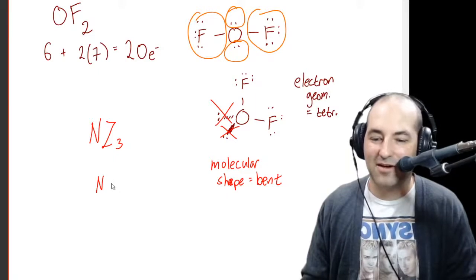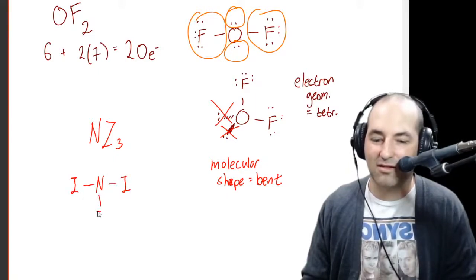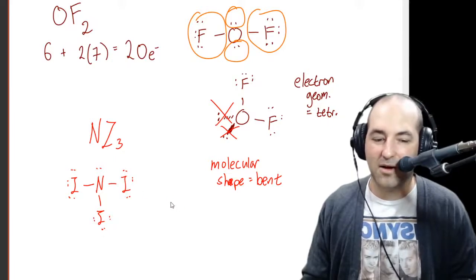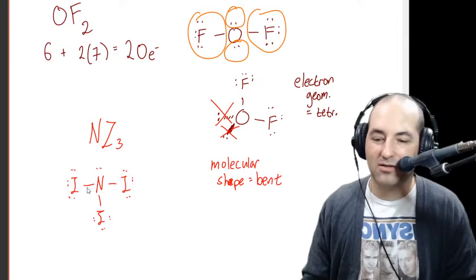So then NI3 ends up being something like this. And so you end up with 1, 2, 3, 4 electron groups. So the electron geometry, we'll call that EG, is tetrahedral.